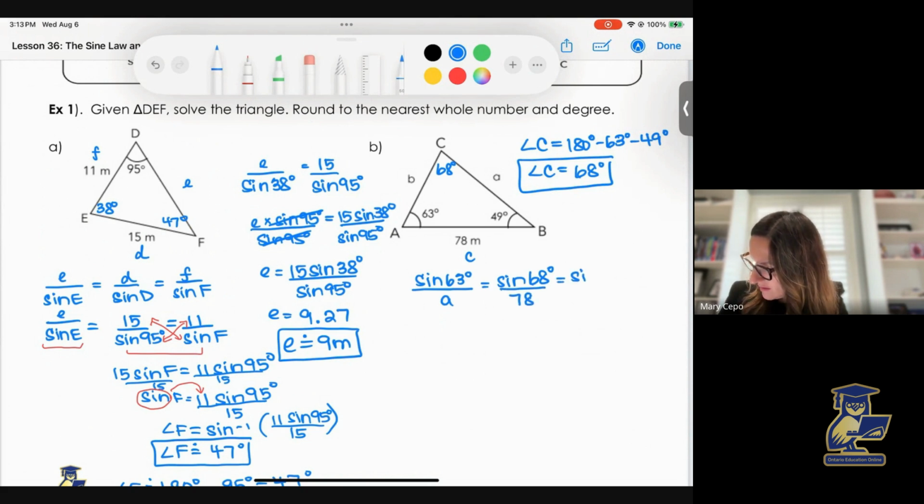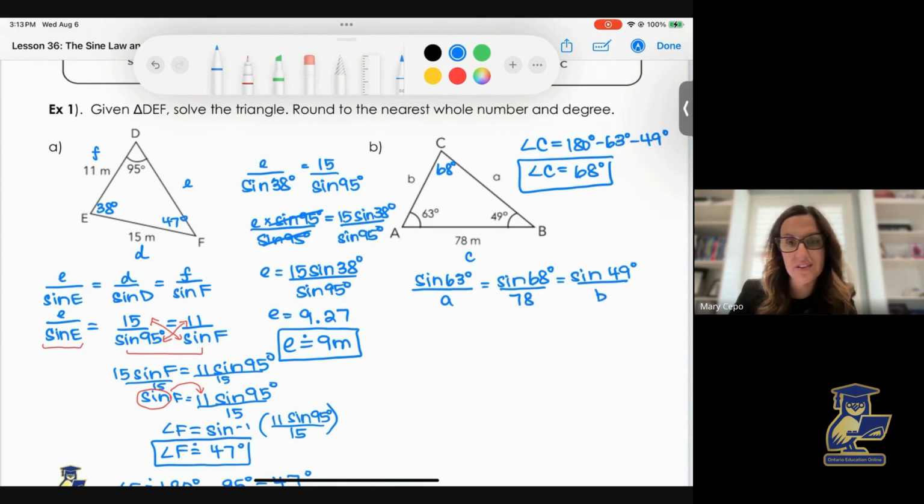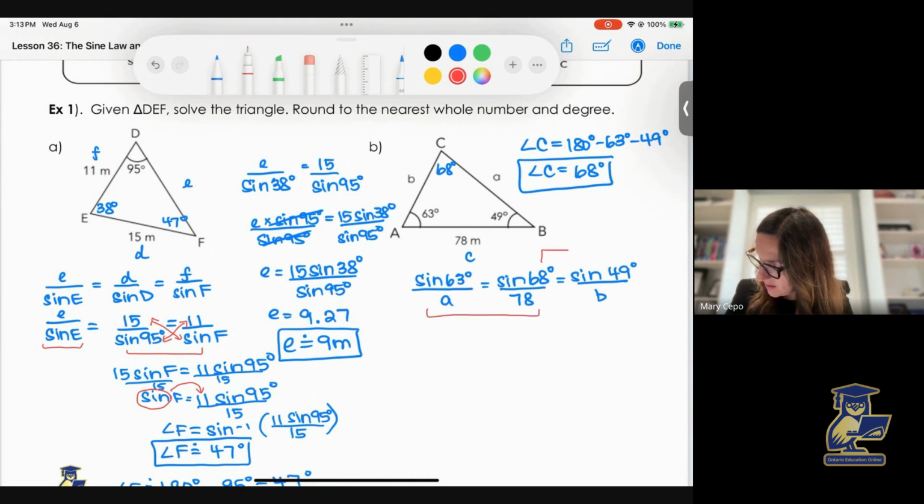And then we have the sine of angle B, which is 49 degrees, over B. Now, I arranged this on purpose because I know the information of the side and the angle I do have. I put it in the middle. I didn't go A, B, and C just for that reason, because I need both of these side lengths, two at a time. I'm going to cross multiply and solve for the unknown side.